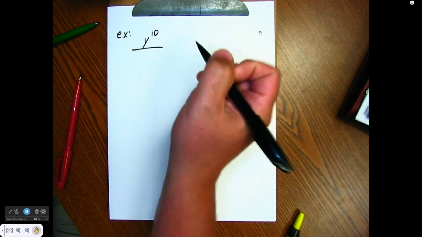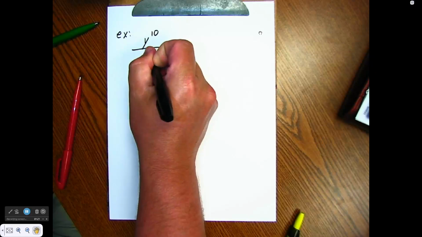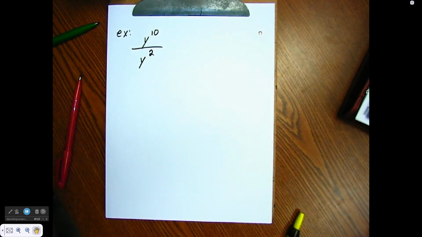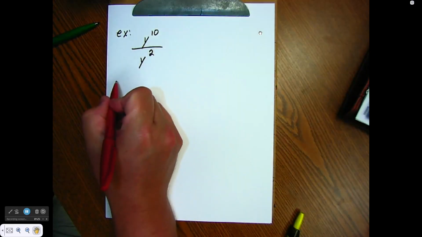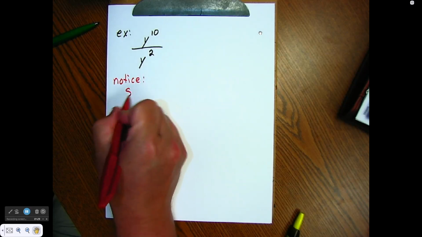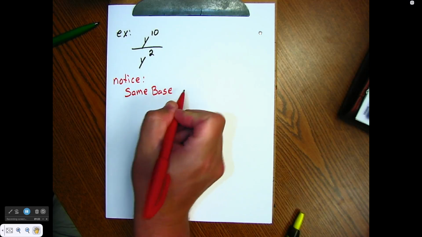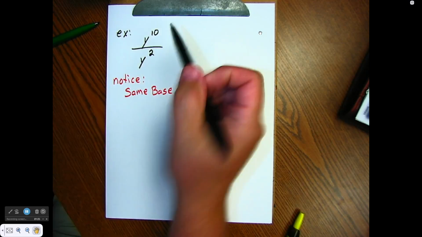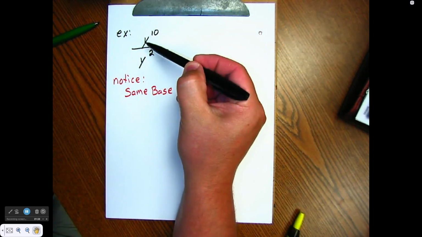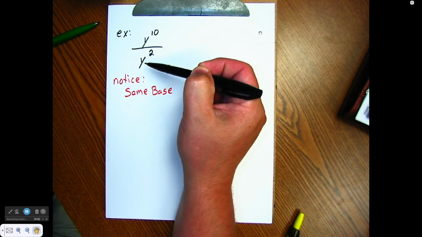Y to the power of 10 divided by y to the power of 2. Notice, same base. Y on top in the numerator, and there's a y on bottom down in the denominator.